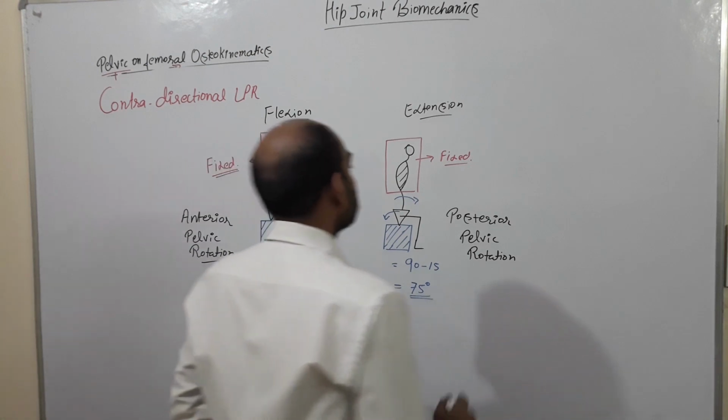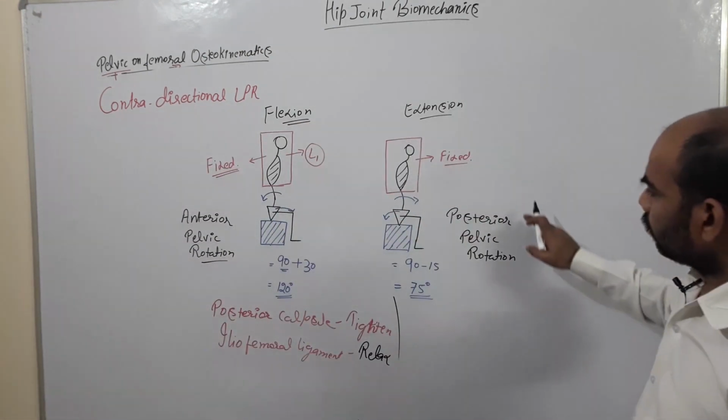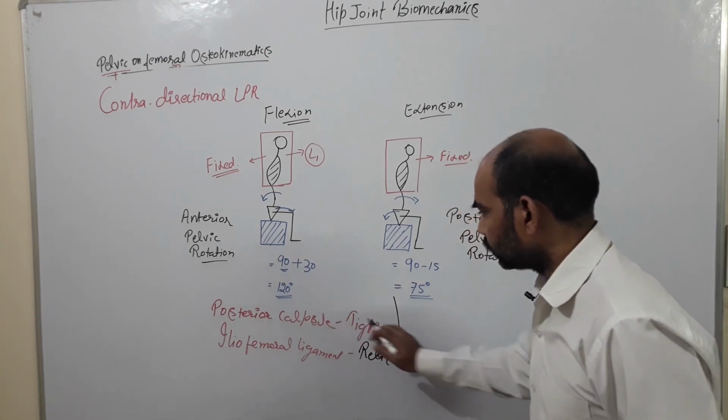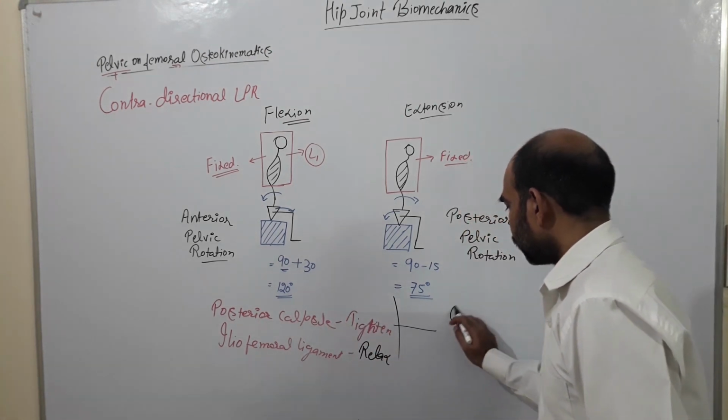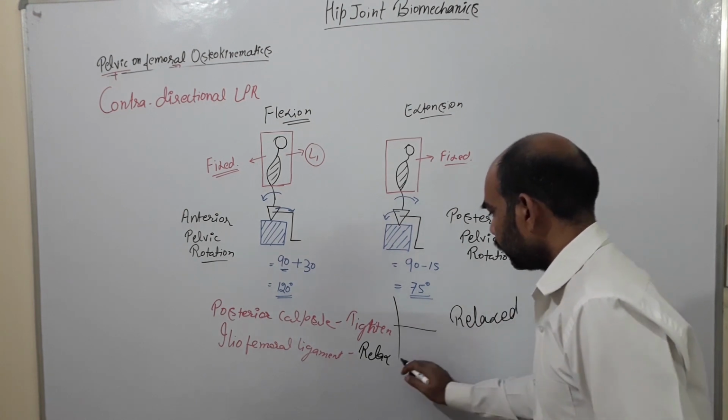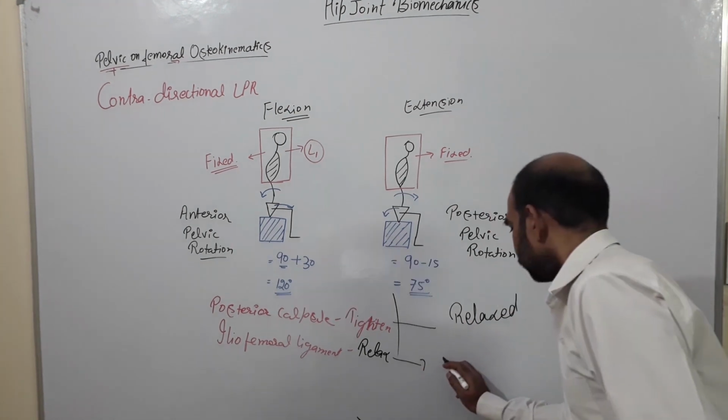And in extension, when pelvis moves posteriorly, the posterior capsule is relaxed and the iliofemoral ligament is tightened.